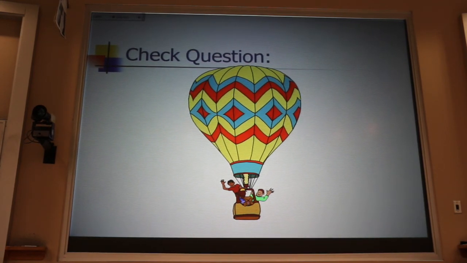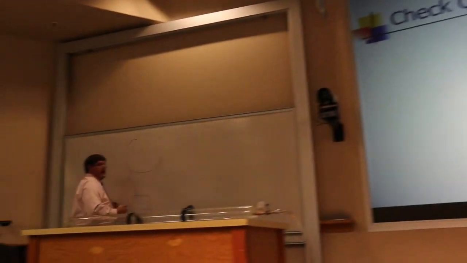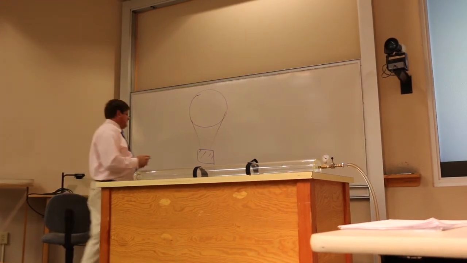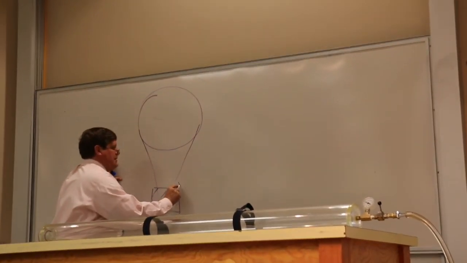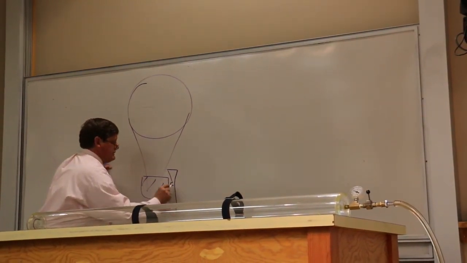Now, because it's Montana, they let you bring your rifle. And because it's Montana, they let you fire it straight down. There's no one down there. So there's your gun. I can't draw very well.